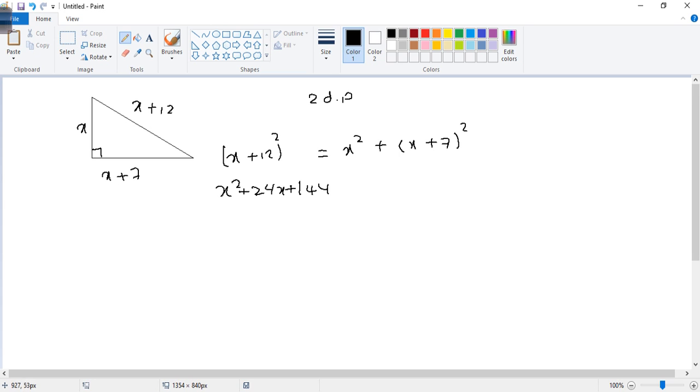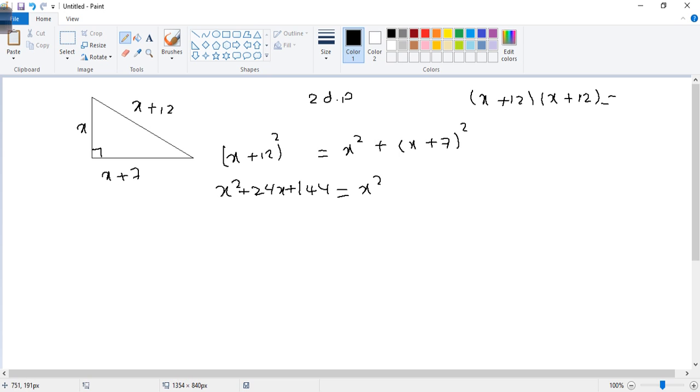Someone asked me, if you work out x plus 12 times x plus 12, it will give you x squared plus 24x plus 144. The quickest way: x squared, 12 squared 144, and the first times the second times 2, x times 12, 12x times 2 is 24x. That is the quickest way.